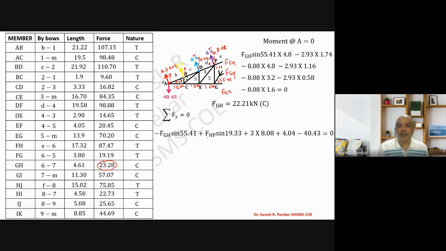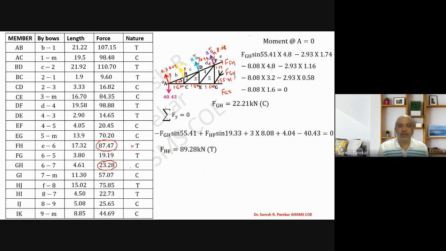Now the force in member HF or FH we have considered as tensile, and therefore we have considered that value in the upward direction, and then minus 40.43 as reaction, and from this we get the value of HF as 89.28 kilonewton tension. HF or FH in the graphical method is 87.47 kilonewton, that is tensile.